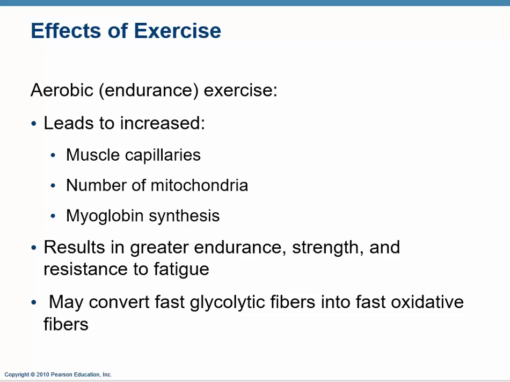You can actually move fast glycolytic fibers into fast oxidative fibers by growing more mitochondria. The thing is that what you can't do is turn them into slow fibers because you can't change the enzyme. But by growing more mitochondria and maybe more myoglobin, you can convert fast glycolytic into fast oxidative.